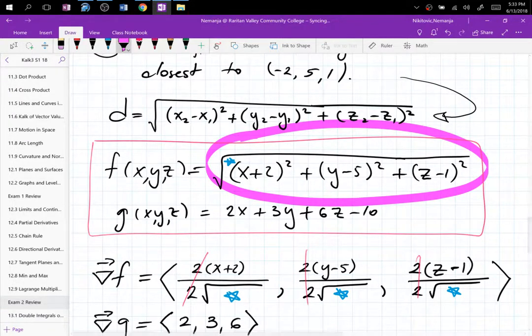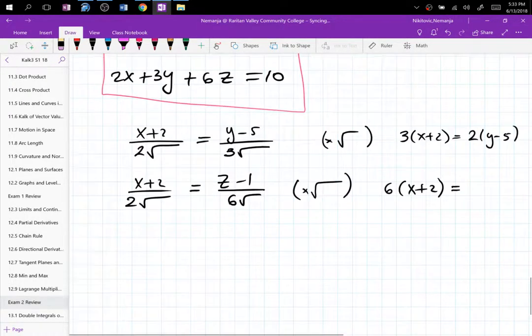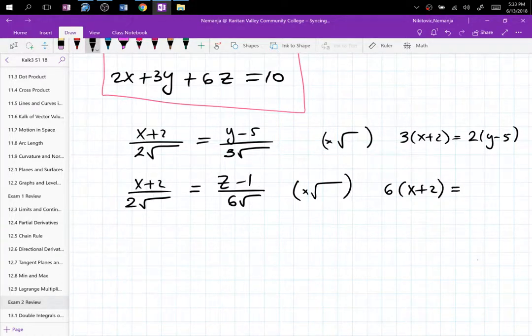I really don't want to write the big expression under every root, so I'm not writing it. Cross multiply.